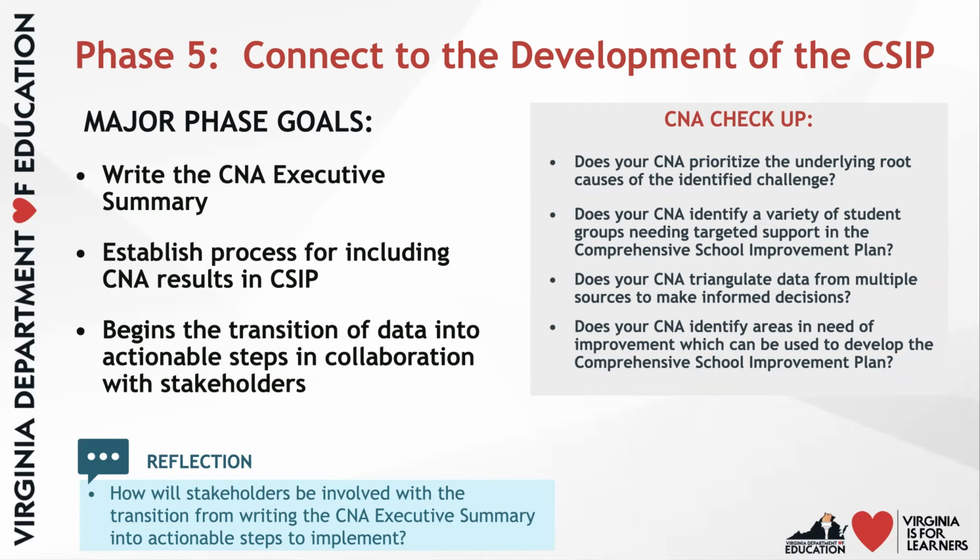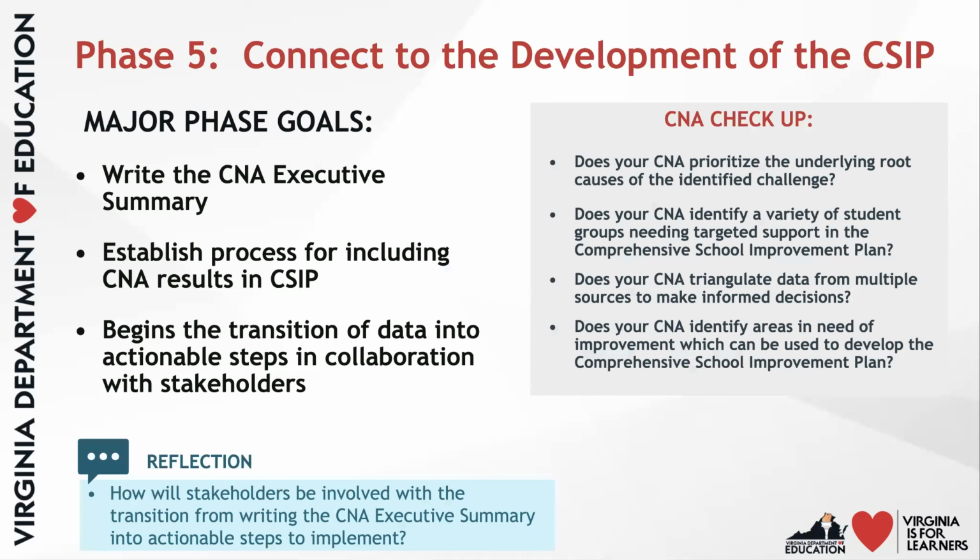So the major goals in this phase include writing the CNA executive summary, establishing a process for including CNA results within the CSIP, and beginning the transition of data into actionable steps and collaboration with your stakeholders.